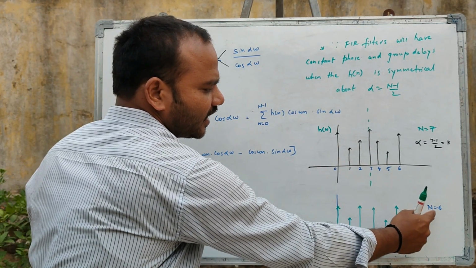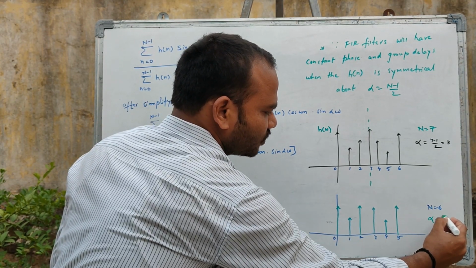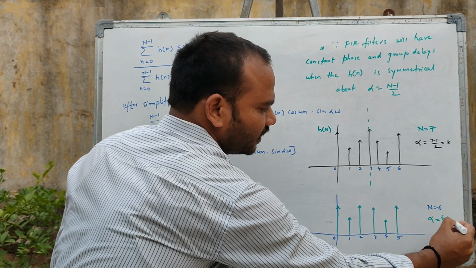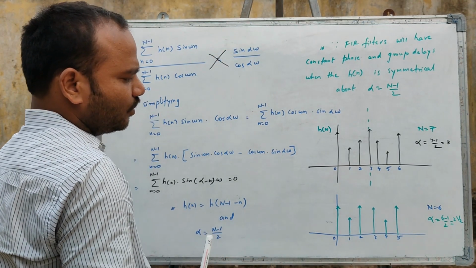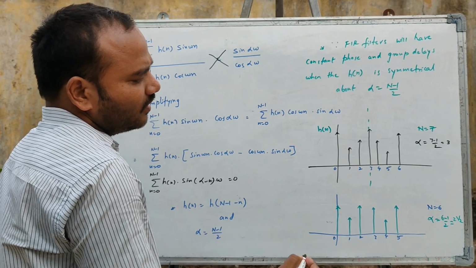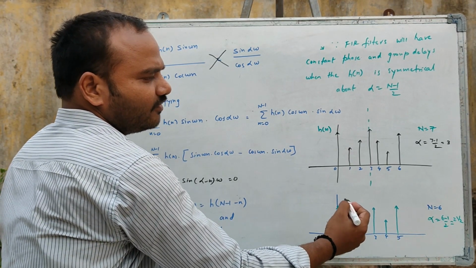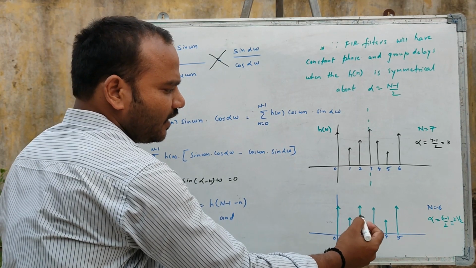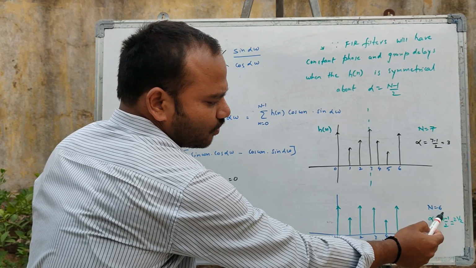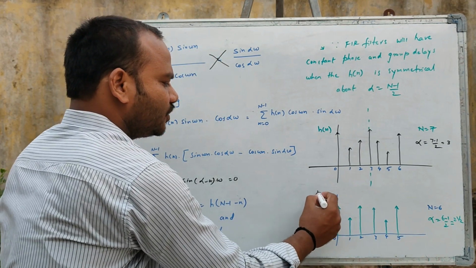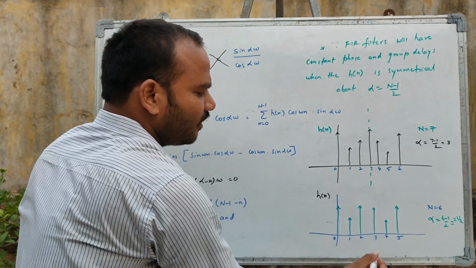Next, if I consider N equal to 6, which is even, then alpha is equal to 6 minus 1 by 2, that is 5 by 2, it is 2.5 samples. So when the FIR filter has linear phase, and you define the phase function as minus alpha omega, and if you take the value of N equal to 6, then that h of n is symmetrical about alpha equal to 2.5 samples.